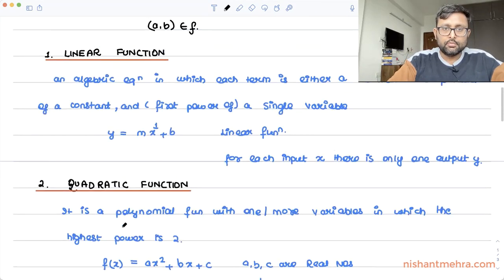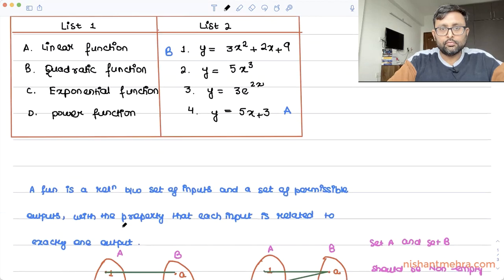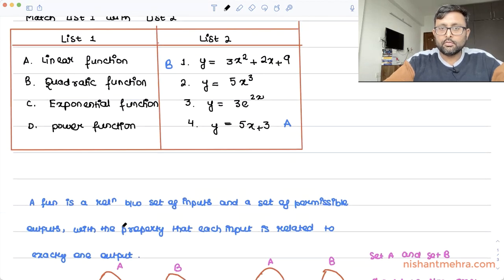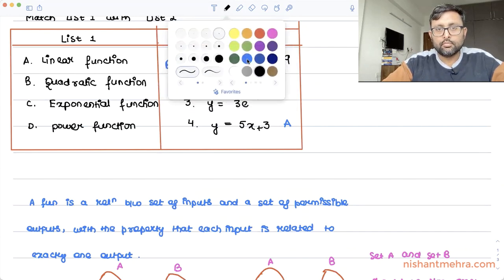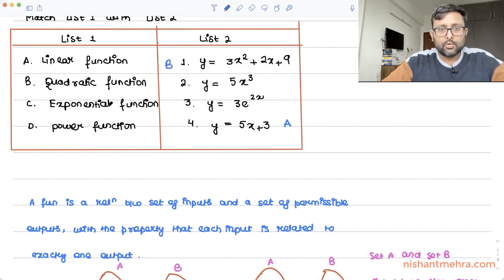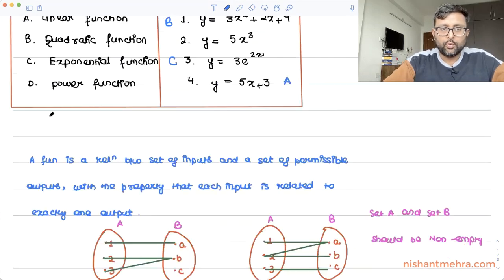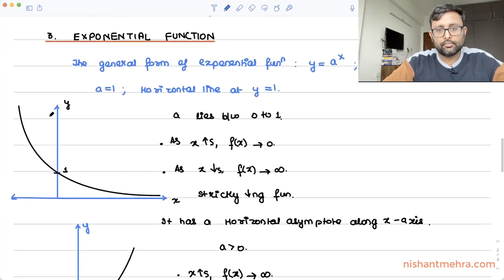So in our question, this one is related to C. Okay. What is a power function?